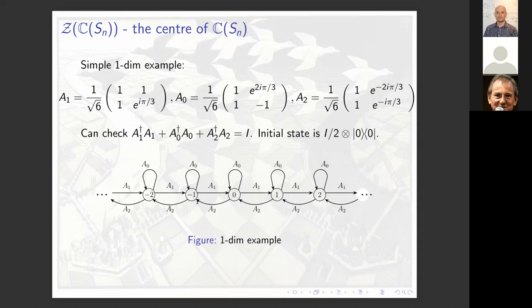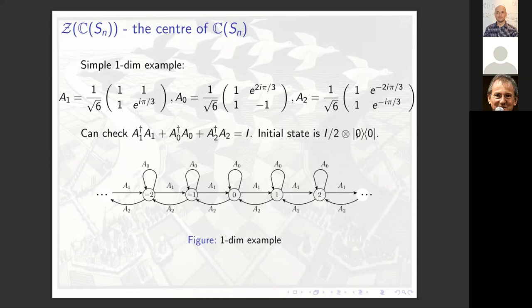A2 describes movement to the left, and we've got the self loops. The initial state I've chosen is of this form over here. That is half of the identity matrix. That's the internal degree of freedom part of the state, and the walker is starting from the origin.